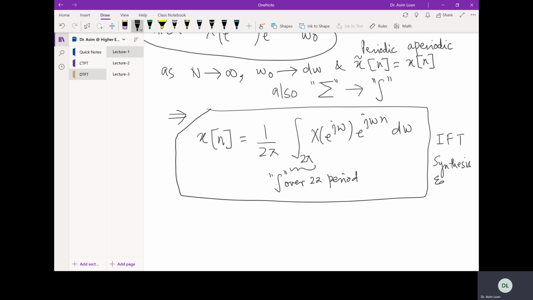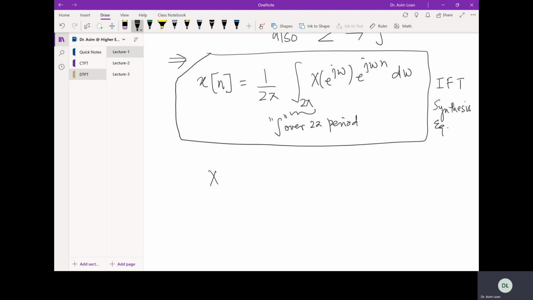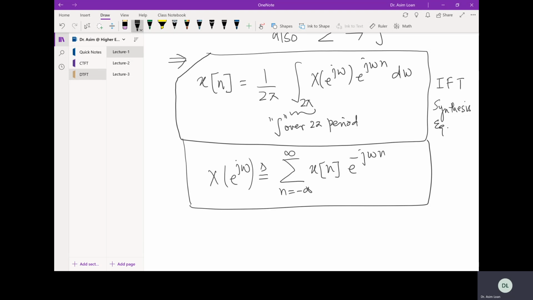Its counterpart is X of e^(j omega), which we already defined, the sum from n equals minus infinity to plus infinity of x of n e^(-j omega n), and this is the Fourier transform, the analysis equation.